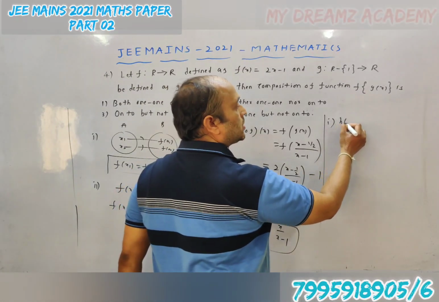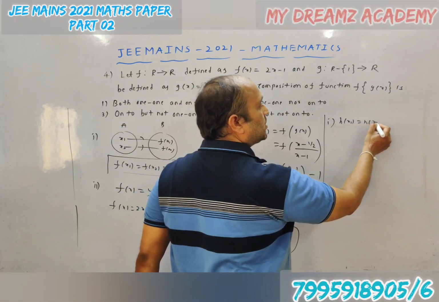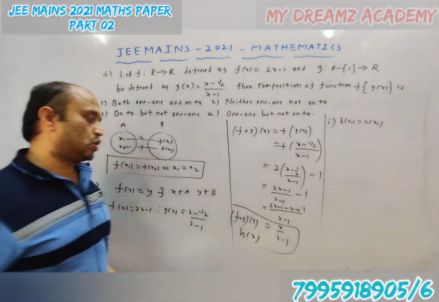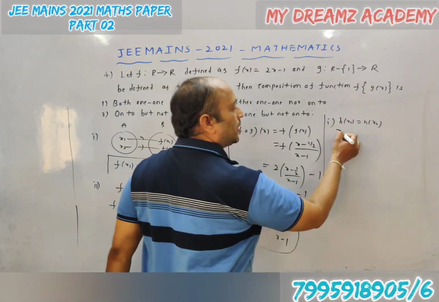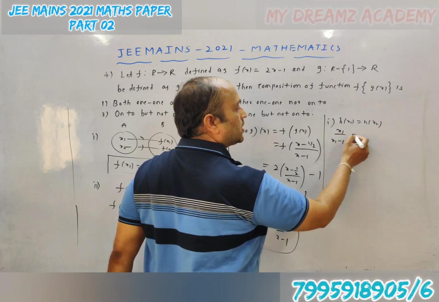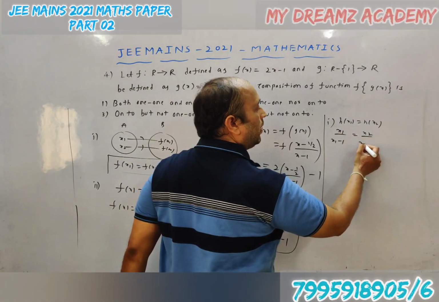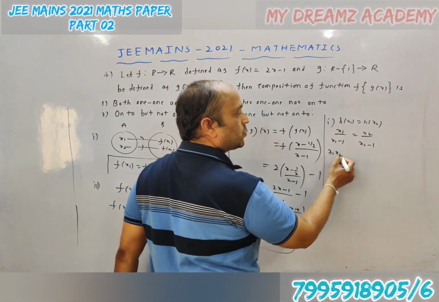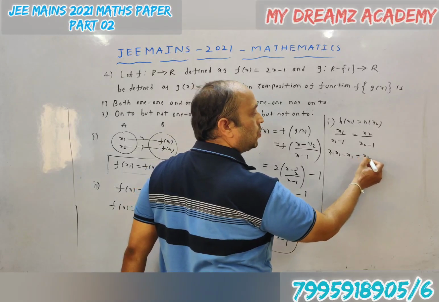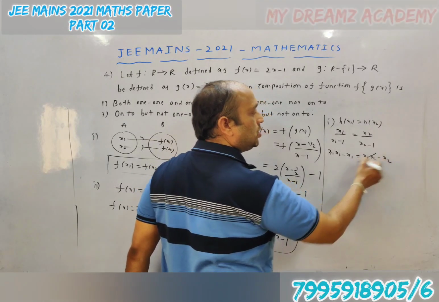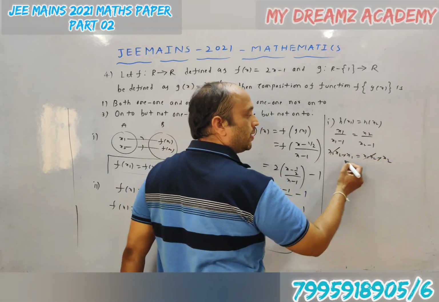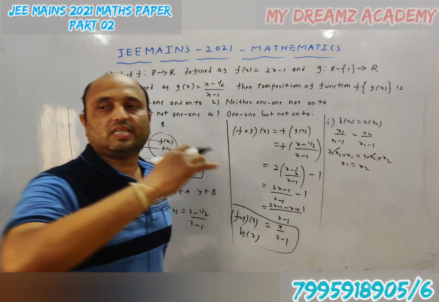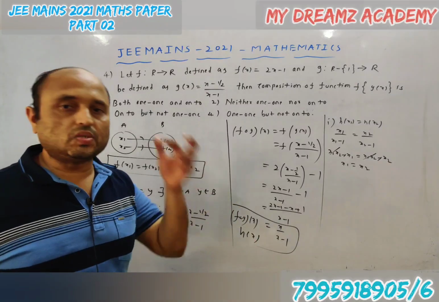So h of x1 is equal to h of x2, and we want to prove x1 equal to x2. So x1 by (x1 minus 1) equals x2 by (x2 minus 1). Cross multiply: x1 x2 minus x1 equals x1 x2 minus x2. These terms get cancelled, and the minus also gets cancelled, so x1 equals x2. Therefore the given function is 1-1.